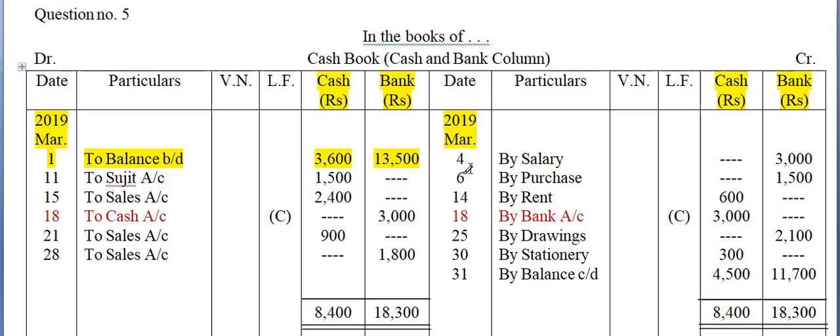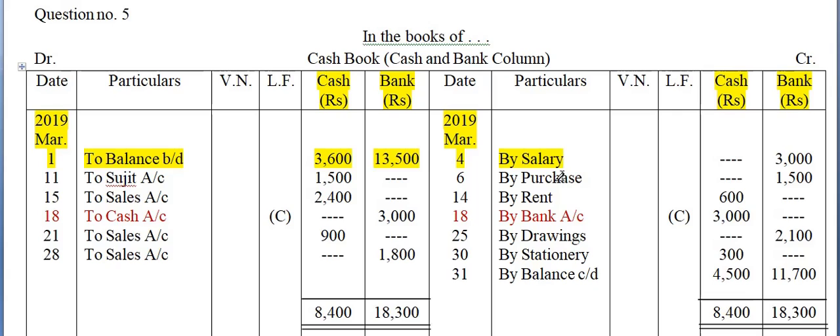Now on fourth, you are making the payment to your employees in the form of salary. So on 4th March, you will record By Salary because cash is going out.